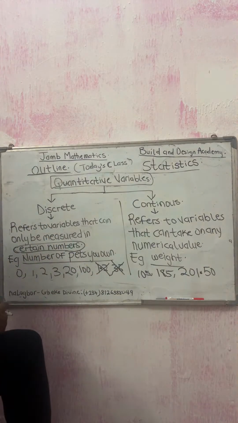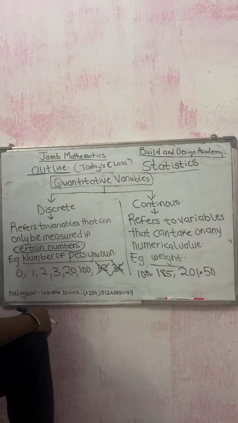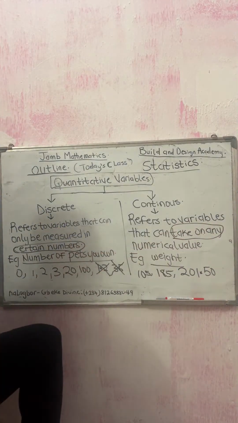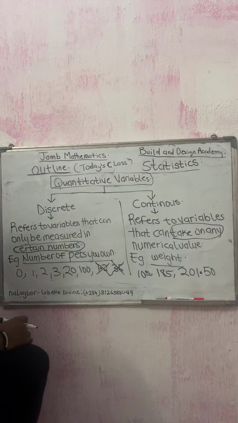It's allowed, you can add decimals because it's weight. But for discrete, only certain numbers; for continuous, you can take on any numerical value. Please take note of the two of them.